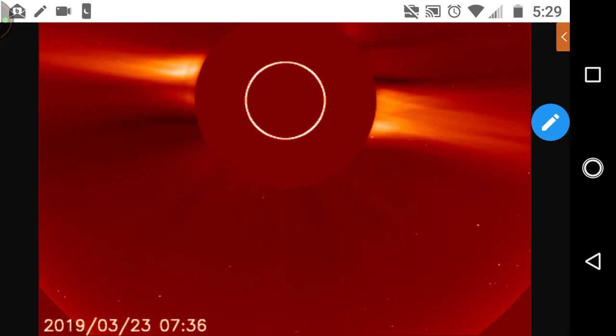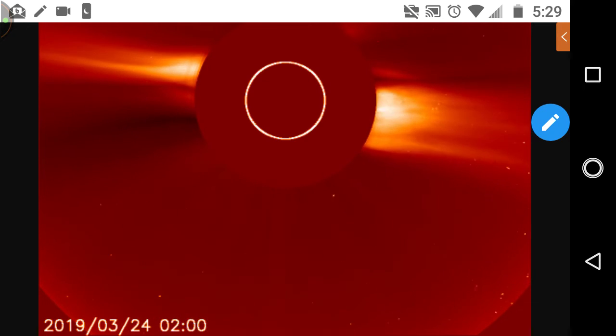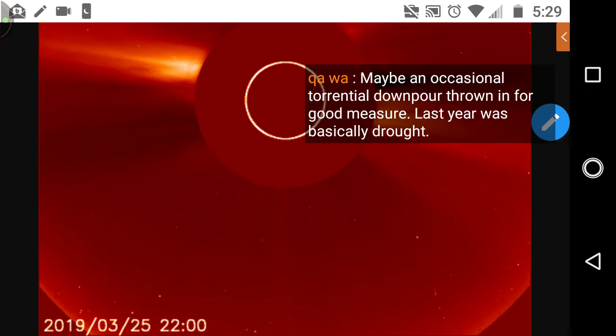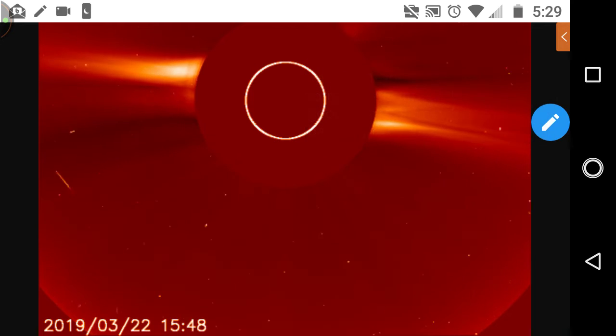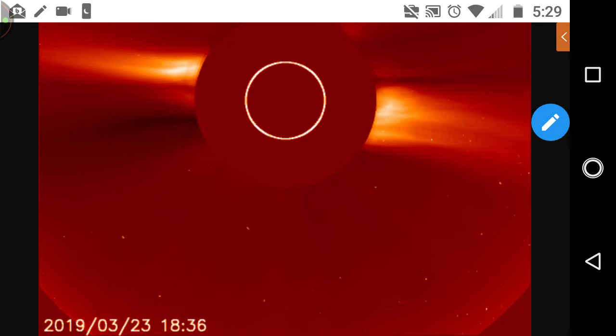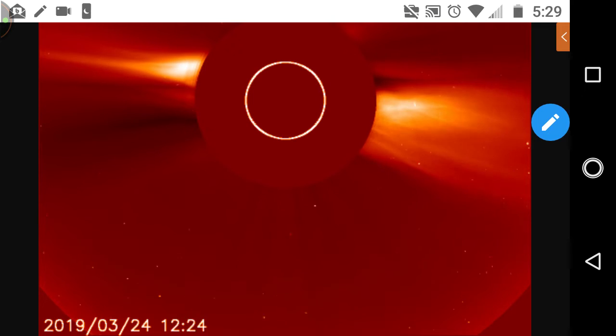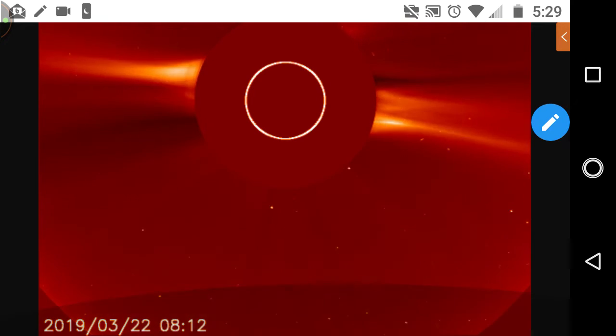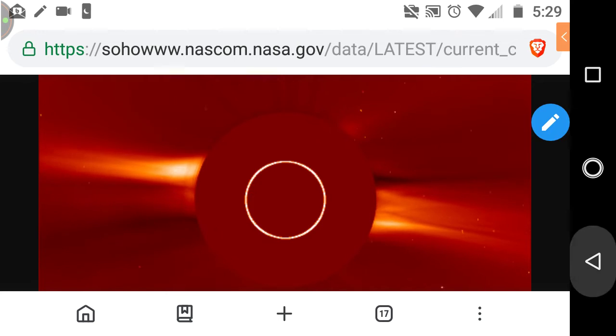Let's let that play through one more time. I know it happened late last night. There's some ejecta from the 23rd. That is a tough one to call. It looked like an Earth-facing coronal mass ejection to me.